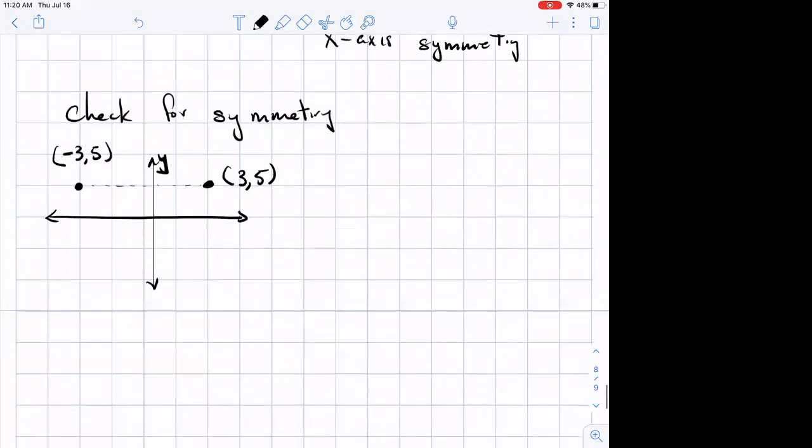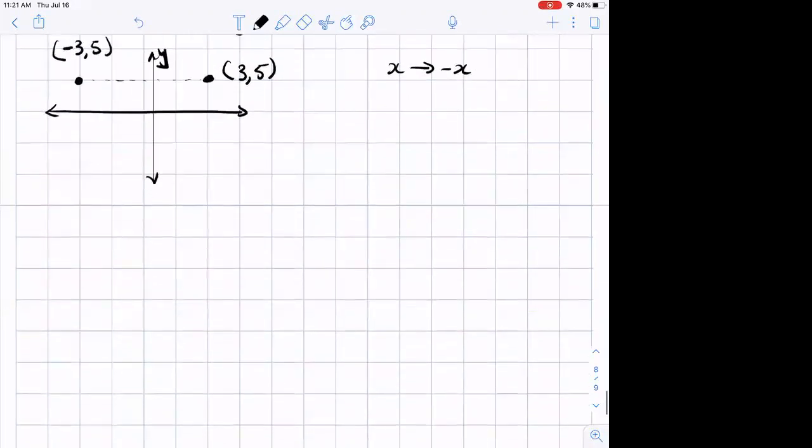So for y-axis symmetry, we replace x with -x. What do I mean by that? Example. Check for y-axis symmetry.